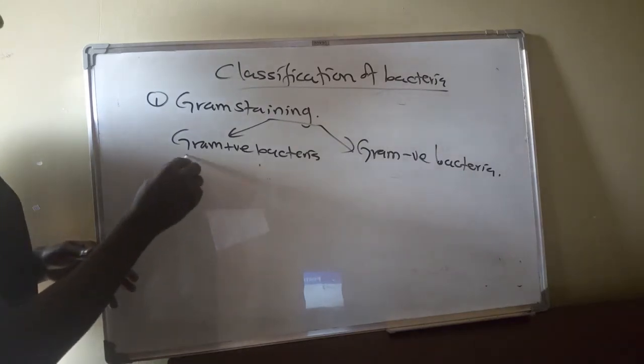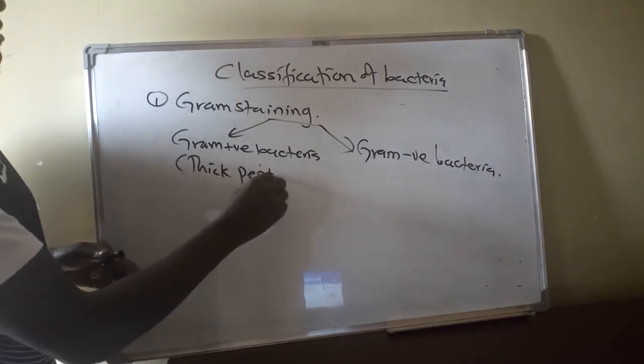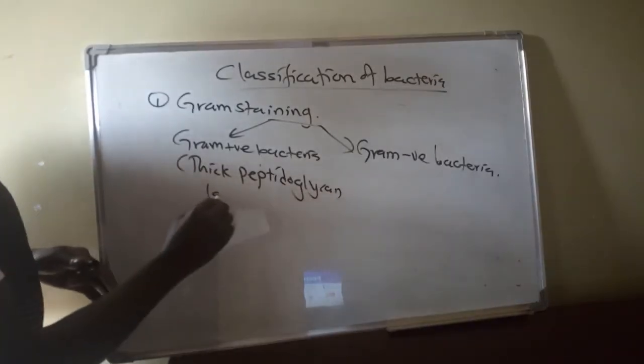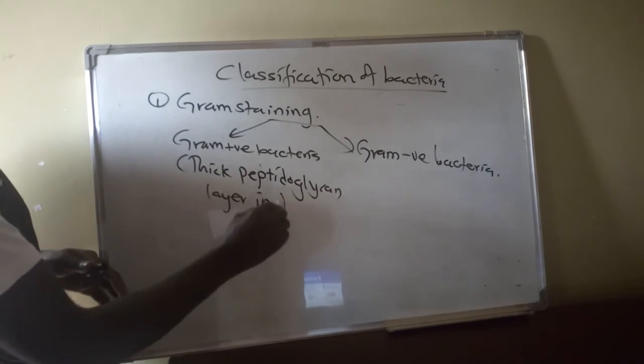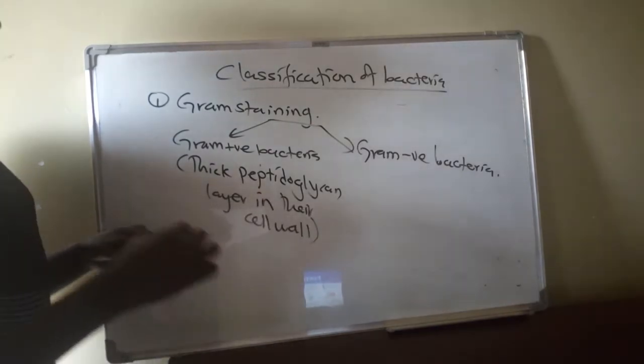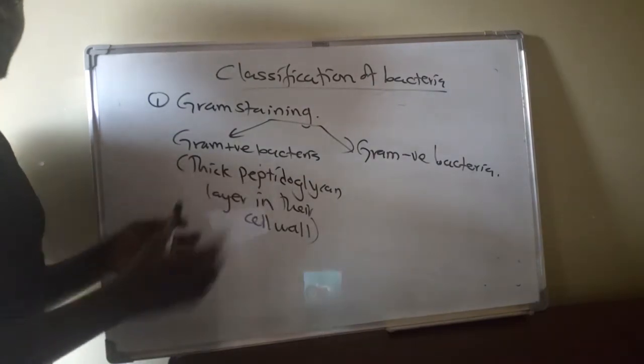The gram-positive bacteria have a thick peptidoglycan layer in their cell wall, so this thick layer can retain the gram stain.